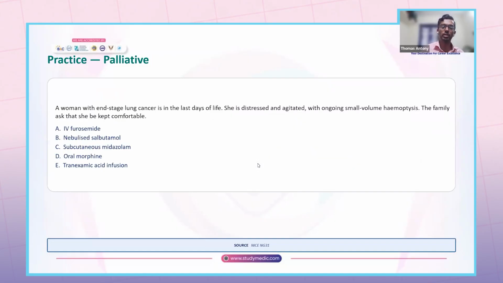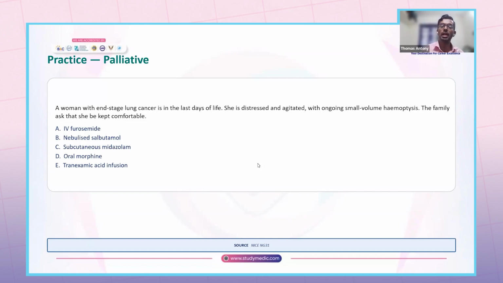So coming to the practice question here. A woman with end-stage lung cancer is in the last days of life. She is distressed and agitated with ongoing small volume hemoptysis. The family asked that she be kept comfortable. So what would it be? This is an end-of-life scenario.